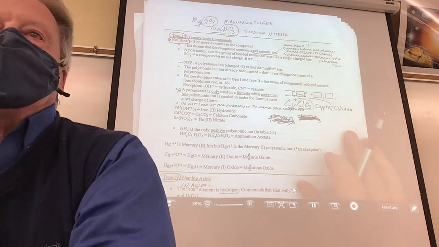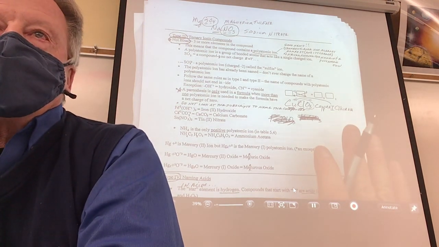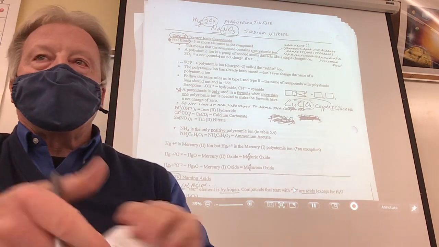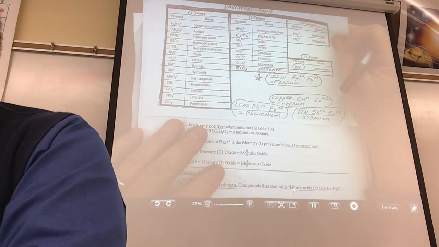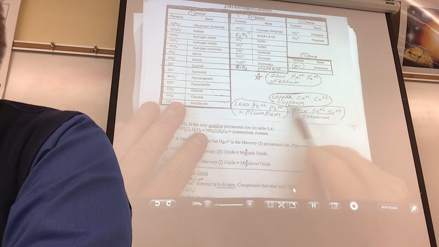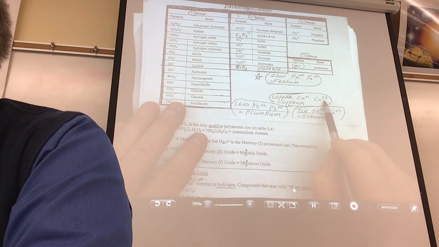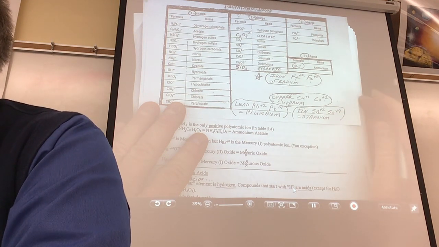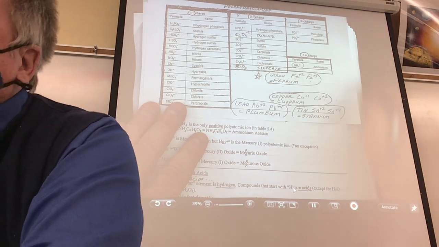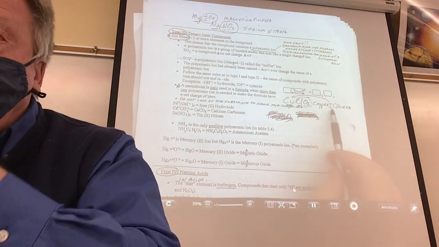Now, what is the other name for copper 1 chlorate? Look right here. You'll have this available to you. Copper, cuprum, big icky cupric, cuprous. Which one do we have? You told me copper 1, didn't you?